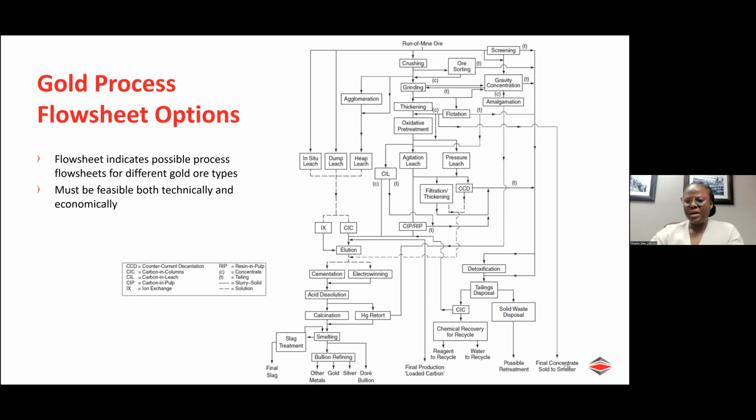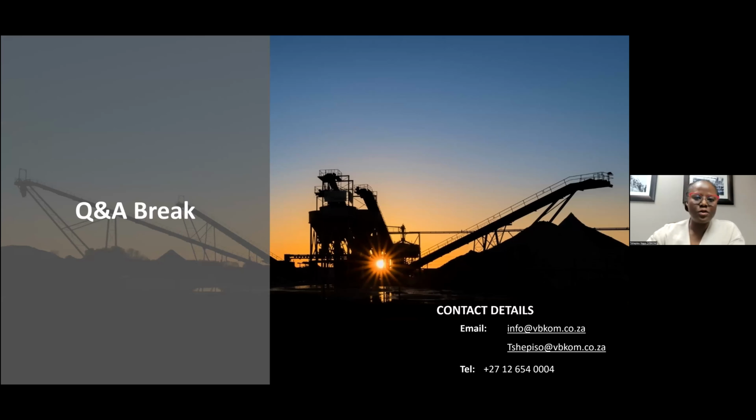However, I do encourage you to contact myself or even send your queries to the VBCOM info desk for more information, and we will gladly assist in clarifying this, and maybe even assisting with a process flow sheet for your ore. Okay, so that is it for part 1.